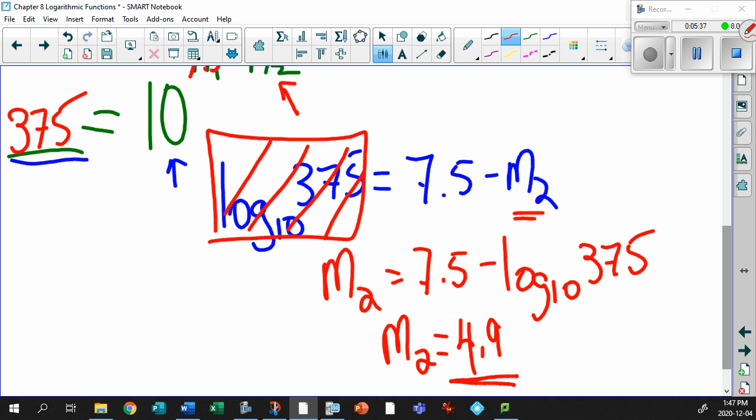So there's a minor earthquake and a major earthquake, and the difference between them is 375 times. Not a very difficult thing to do. Basically, you're subtracting the exponents, putting it to the power of 10, or using a common logarithm of base 10. You've got the answer.